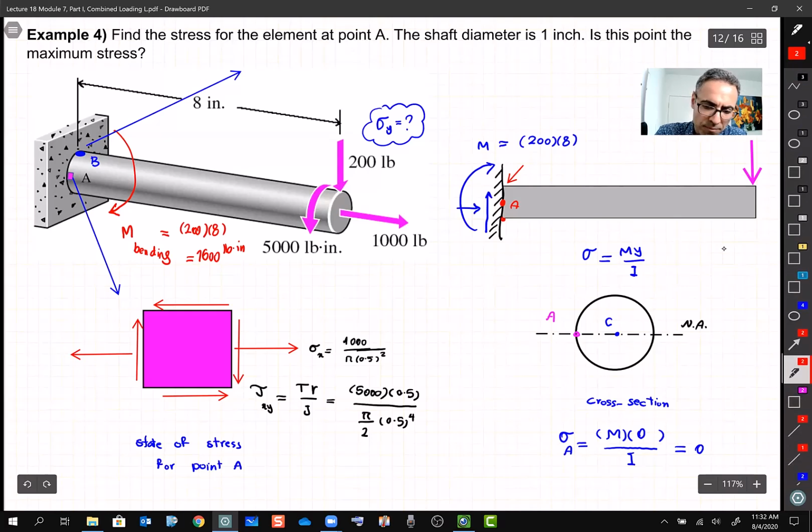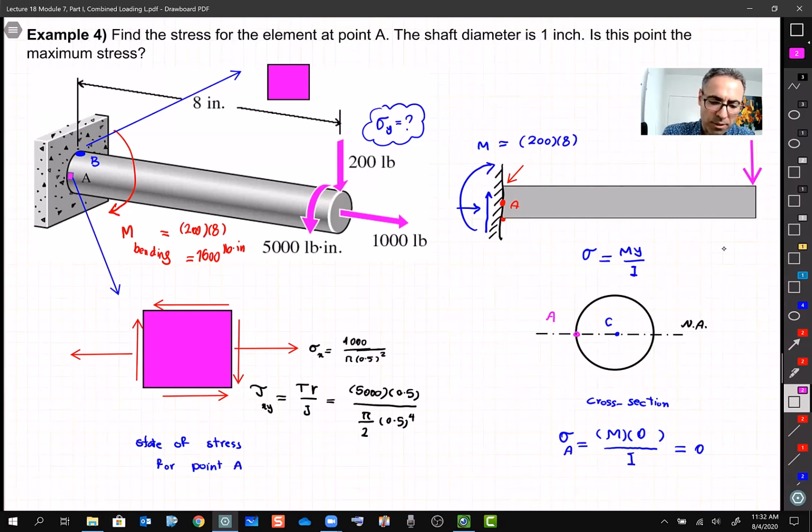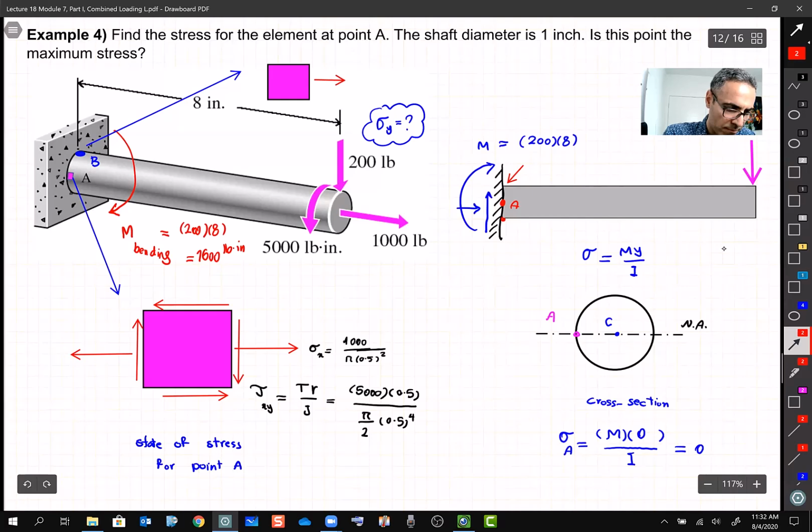Let's draw the stress element for point B. I do it over the top here. So point B, let's do it quickly together. First of all, we are going to have that sigma x, because there is no difference between point B and point A. All of them are under this 1000 load.